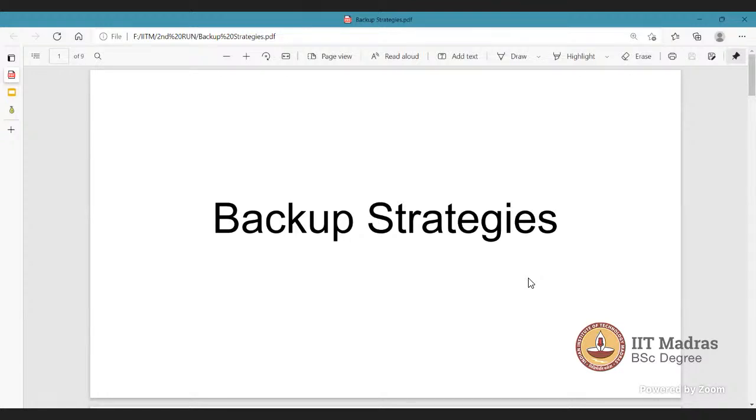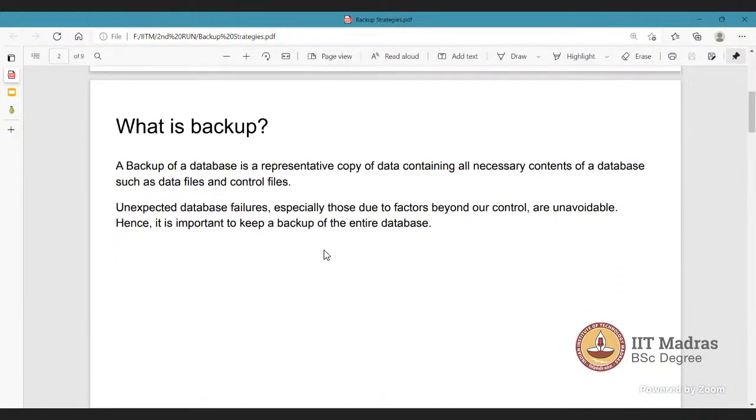For protecting our data from that loss, we need to keep a backup. So even if the data is lost in the failure, we can recover it if we have the backup of that data.